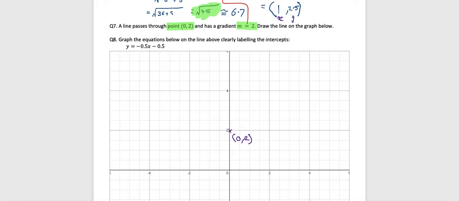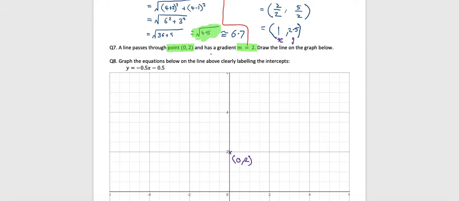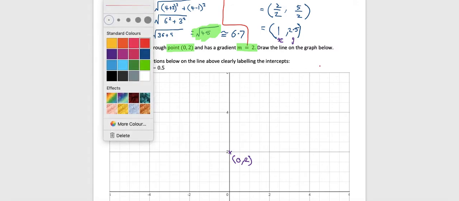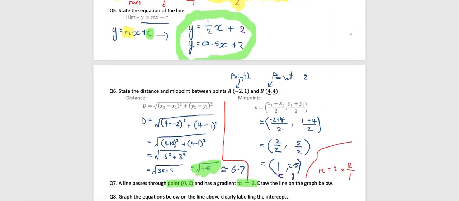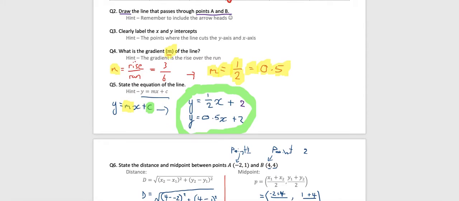And then it's telling us that it's got a gradient of 2. So gradient m equals 2. We can rewrite that as 2 over 1, so the rise over the run.